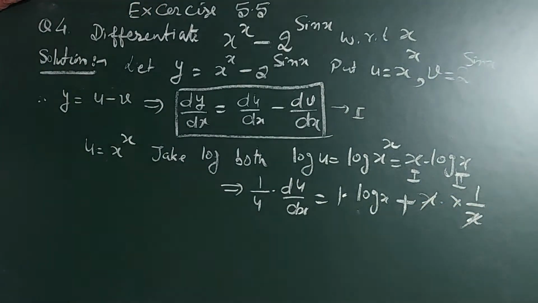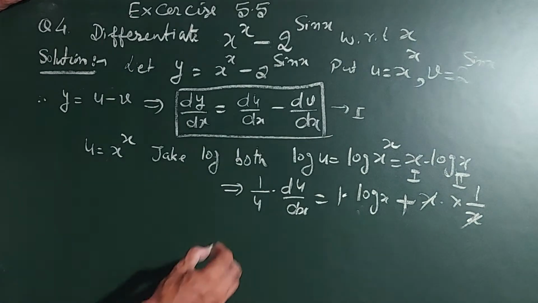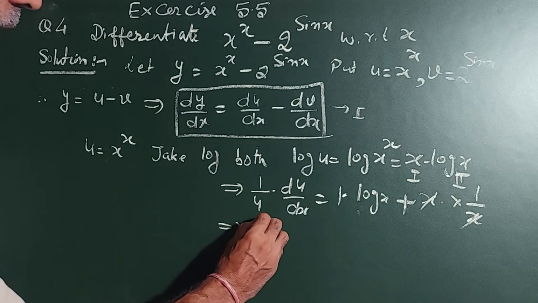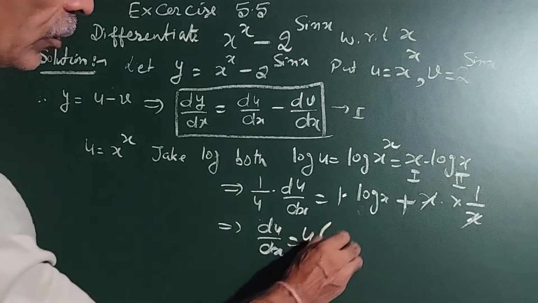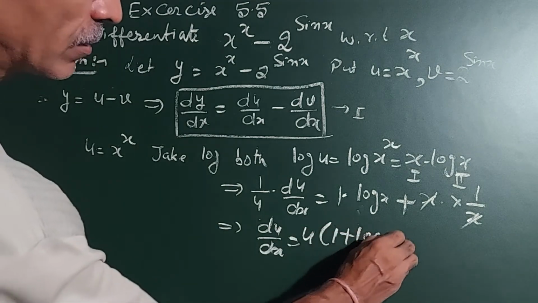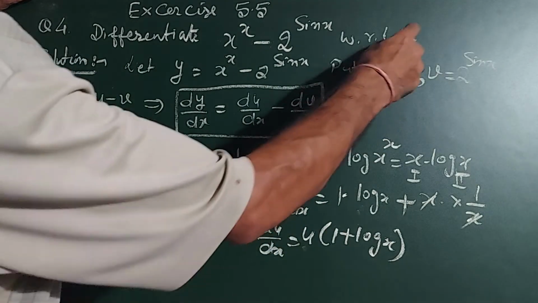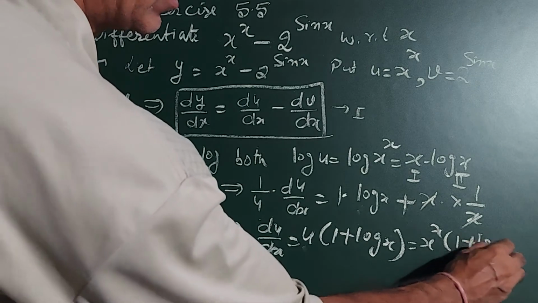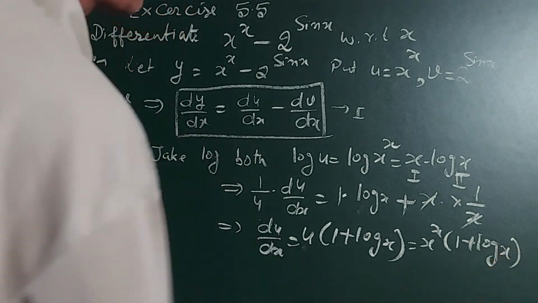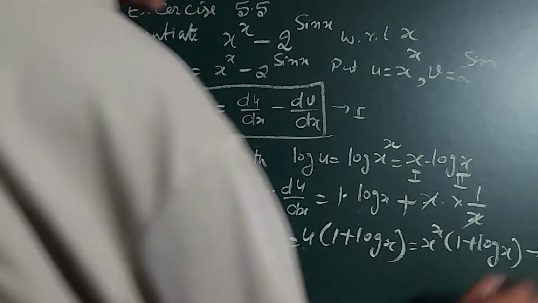So we can cancel. So it becomes log x plus 1 or 1 plus log x. So we can write here du upon dx is u into 1 plus log x.